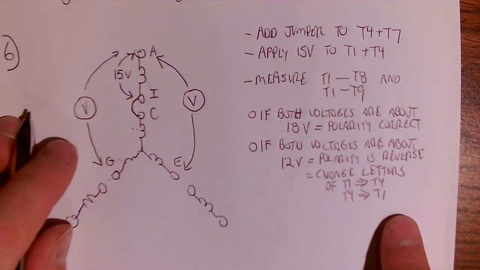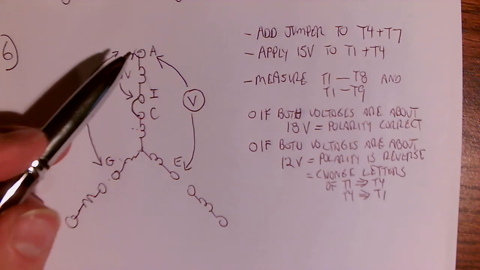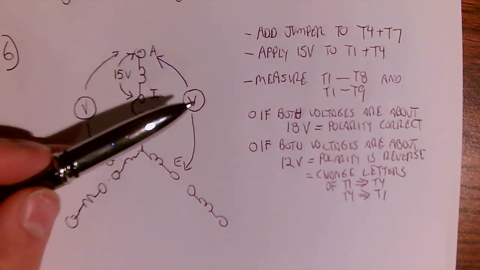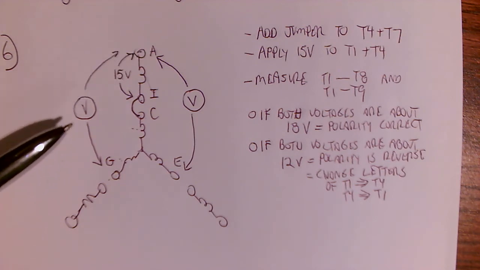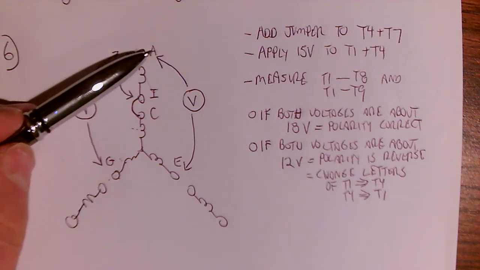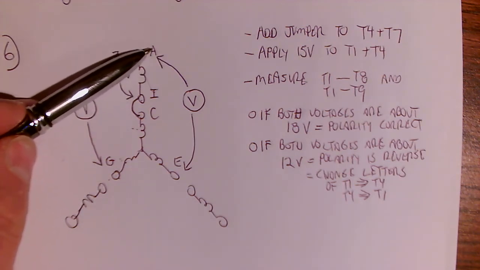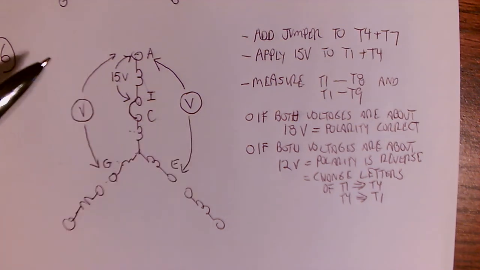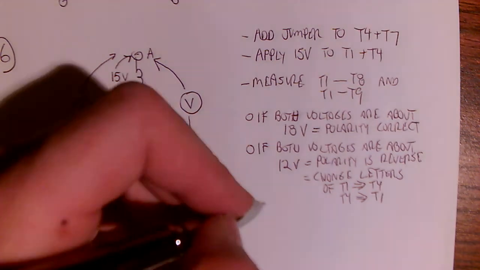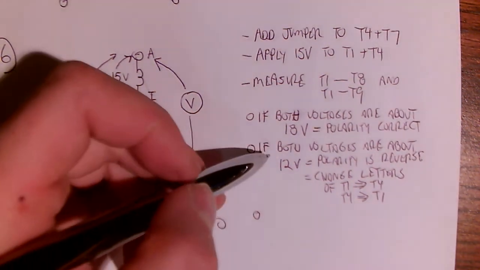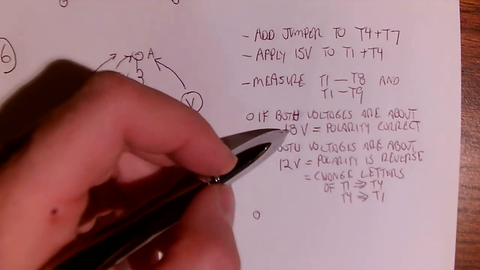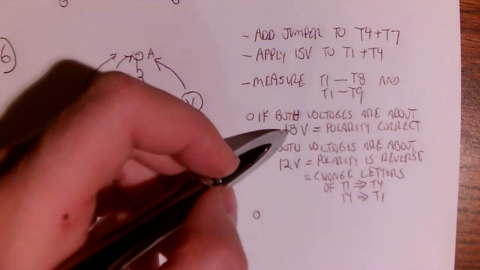So using this as an example, if I have this motor set out the way it is, and I measure 12 volts here, and I measure 12 volts between A and G, then I know that this is I, and then T4 is A, because they're both 12 volts. Now, every now and then, you're going to measure something different than 18 or 12. And I say they're about, so 17.6 or 18.2.